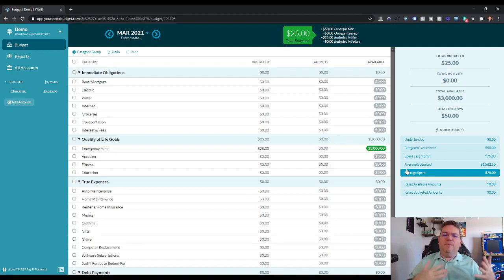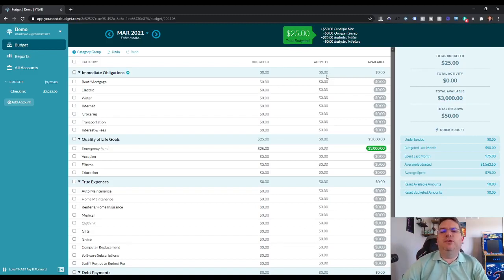So it accomplishes the exact same thing. The difference is I can see it, I can control it, I can manage it. It makes more sense to me. So a lot of people don't understand why negative numbers in past months zero out on the next month. Hopefully that makes sense. Hopefully you understand why that's happening.